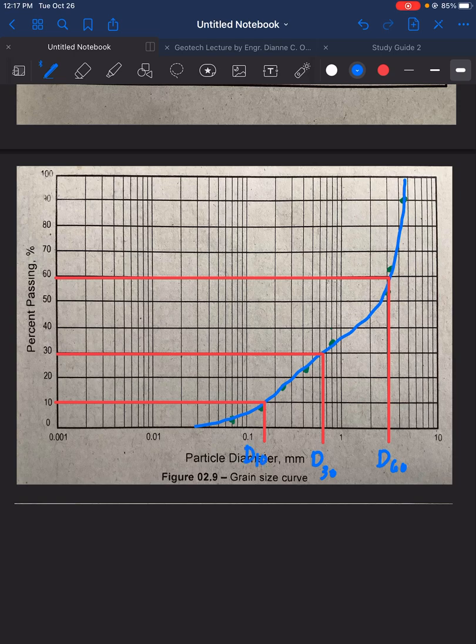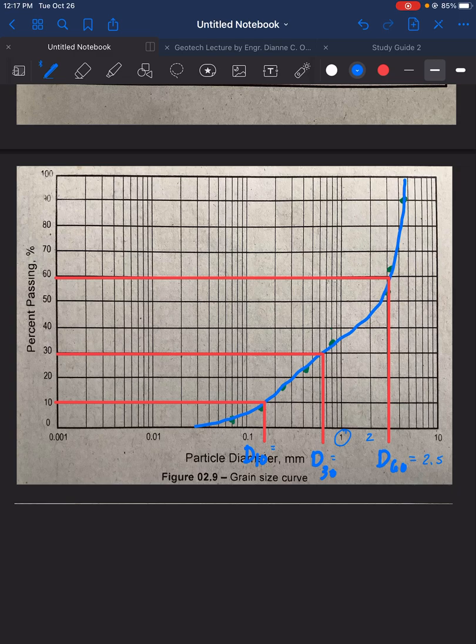Okay? So we can assume the value for D60 here as, if this is 1, therefore this is 2, maybe 2 point something, 2.5, 2.6. Okay, so let's say we have 2.5 because it's decreasing here. So let's say it's 2.5.